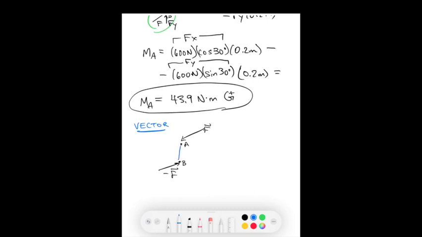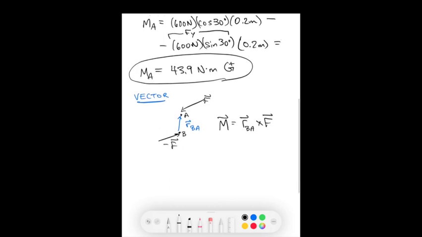So if I draw this vector r from B to A, I can find the moment is equal to the cross product. Now be sure that we choose this force as the F and not this one, because we want to choose the one that the vector points to. So r_BA points to this F.